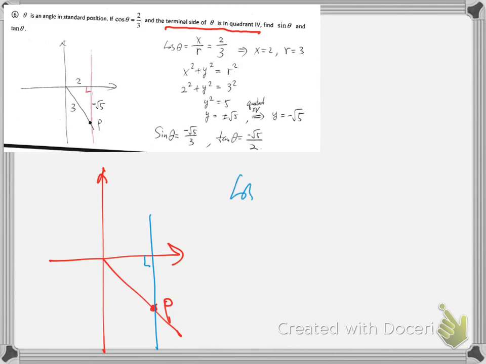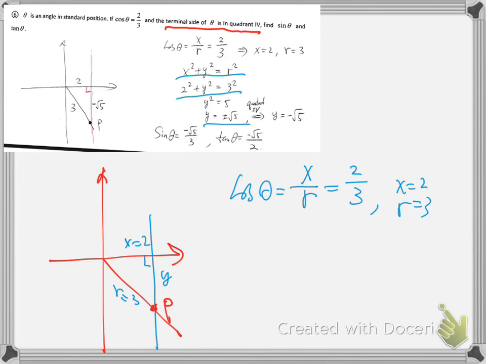Cosine by definition is x over r. So here is x, y, and r. So x over r is 2 over 3. We know x is 2, r is 3. So here is 2, here is 3. Then we use the Pythagorean theorem to solve for y.